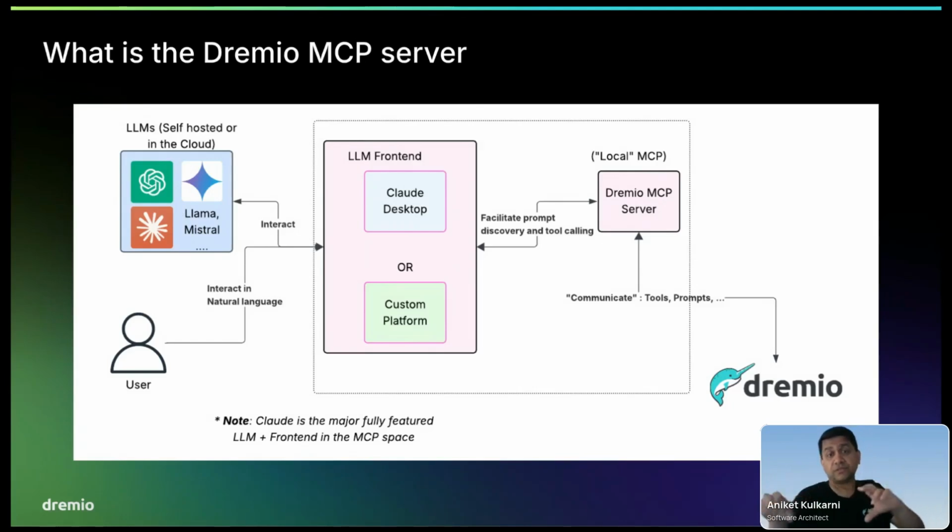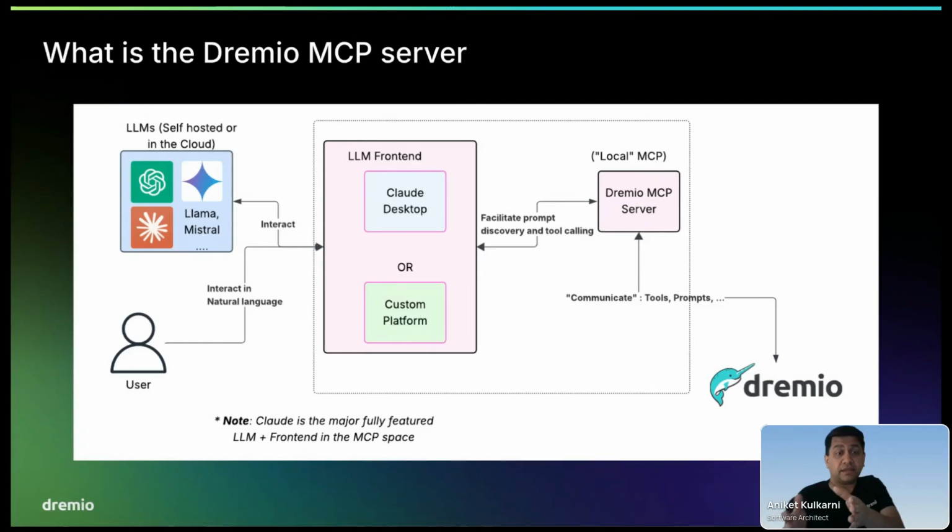The desktop versions of those are the front end for that LLM. Or obviously, you can develop your own custom front end and then hook it to either self-hosted LLMs like Llama, Mistral, or have it in the cloud like Anthropic's Claude, OpenAI's ChatGPT, Google Gemini, and so on.